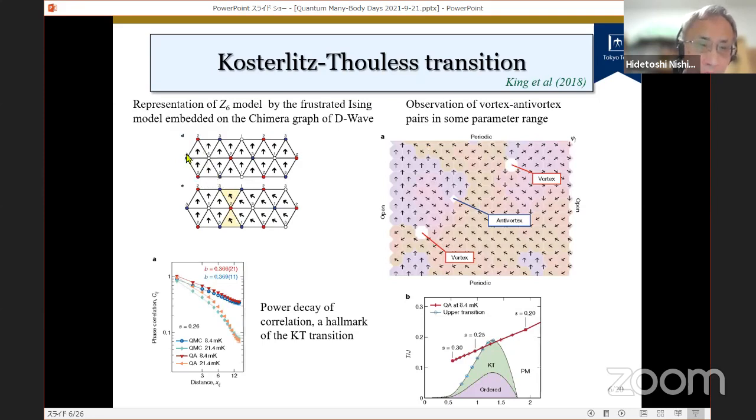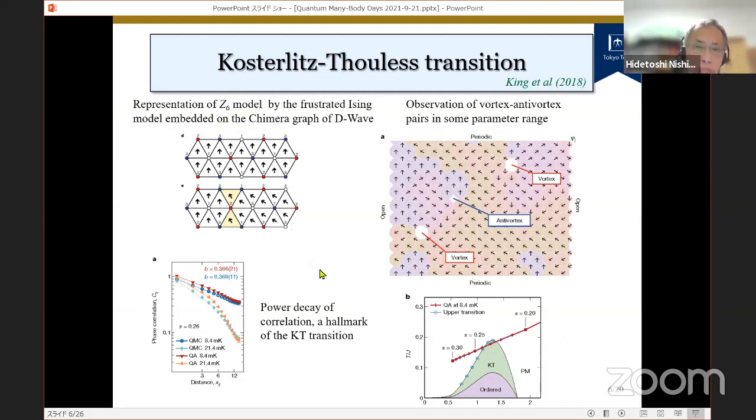And following the configuration of spins at the three corners of a single triangle, they placed an arrow in some direction, depending on the configuration of three spins. And it turns out these arrows can have 6 possible directions, which is called the Z6 model.